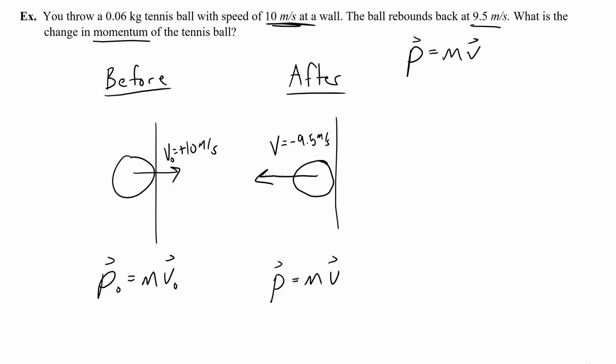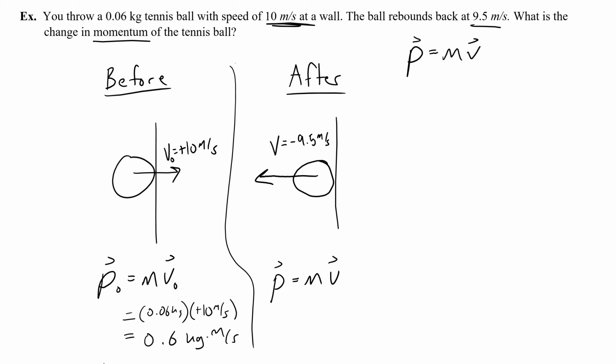Okay, this should be pretty straightforward. The mass of the object is 0.06 kilograms, so 0.06 kilograms times a velocity of positive 10 meters per second is going to give me 0.6 kilogram meters per second. So that's the initial momentum.